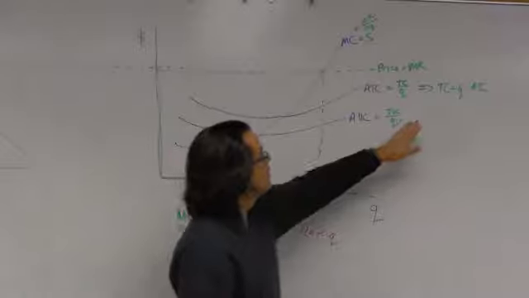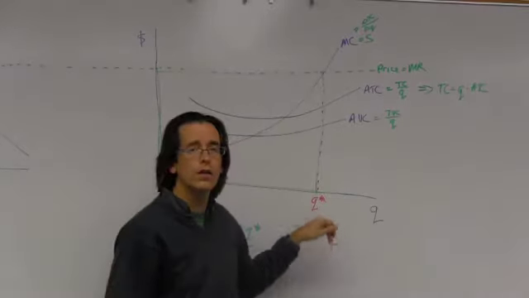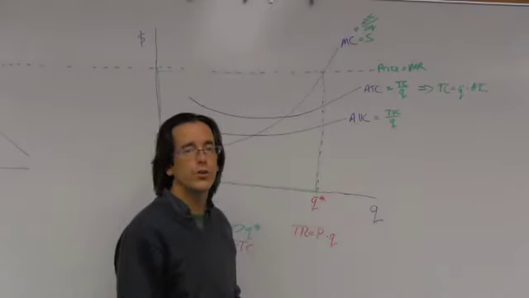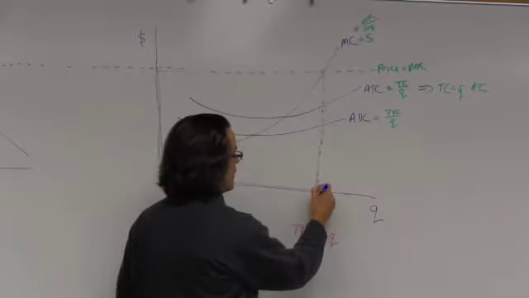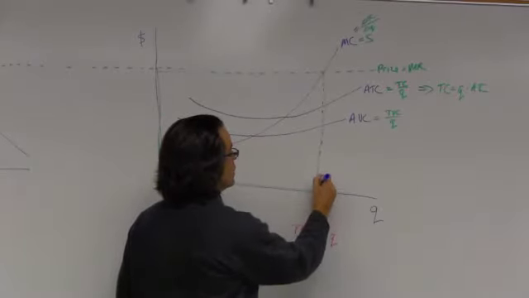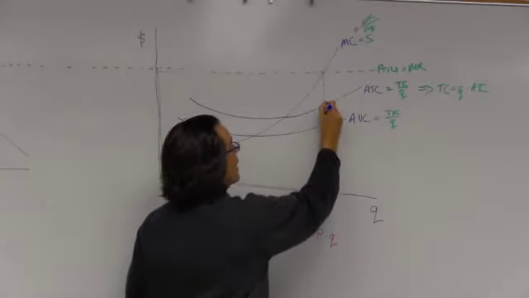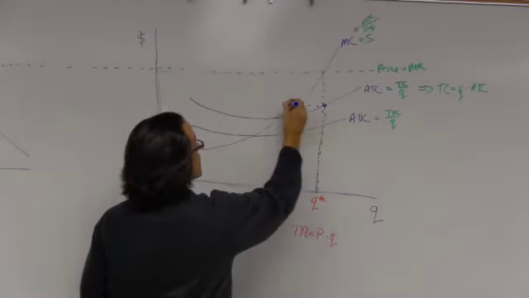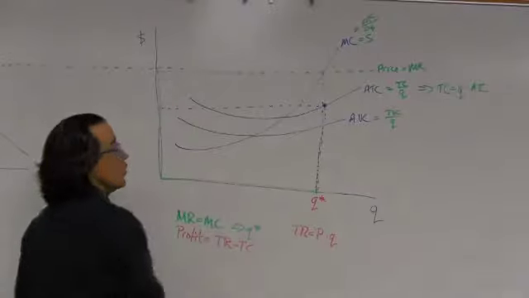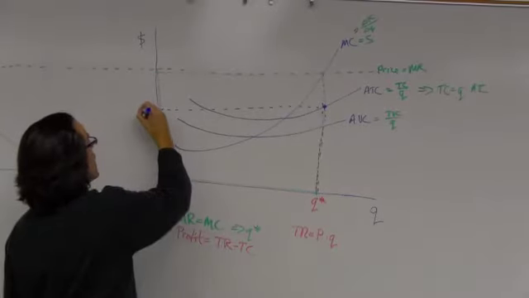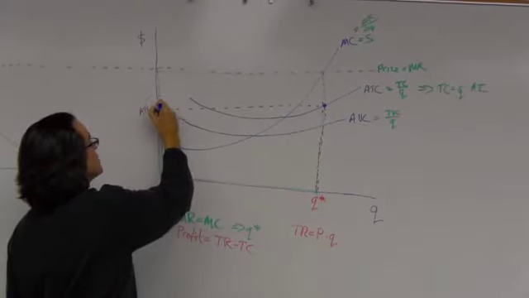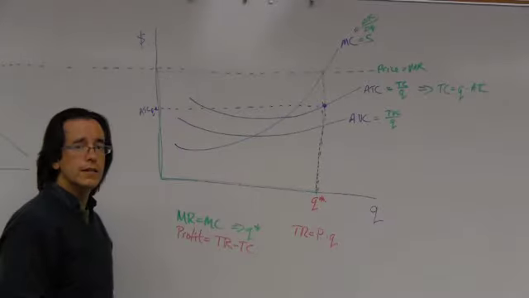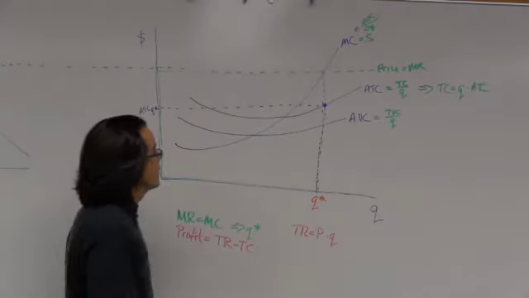So at our Q star, what is our average total cost? Well, starting from that quantity, we'll go up, and where we hit that average total cost curve, we'll go across. And that's our average total cost at that Q star quantity, right?